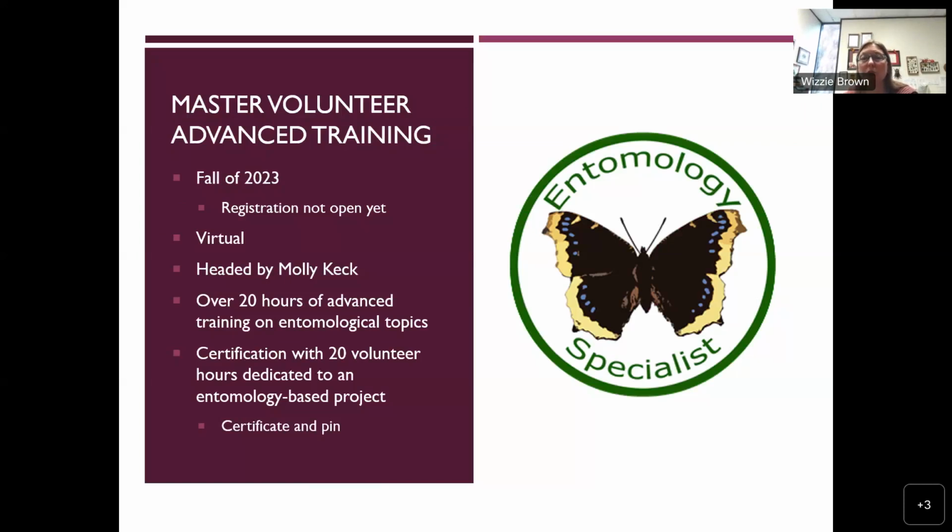There will be over 20 hours of advanced training, strictly on entomological topics. You can then certify and get an entomology specialist pin, which you see a mock-up of on the right-hand side. But you need to have 20 hours of a dedicated entomology-based project within a year of taking the training.